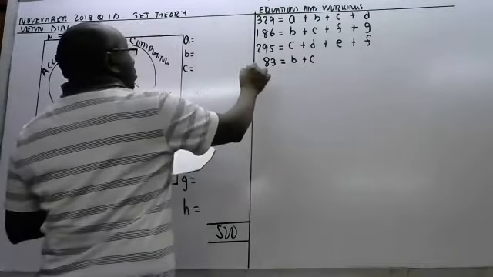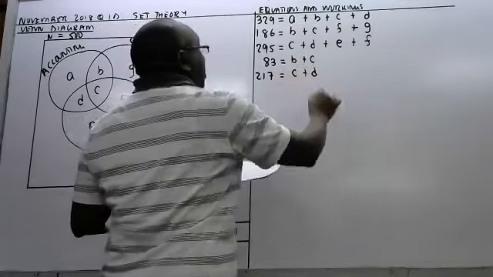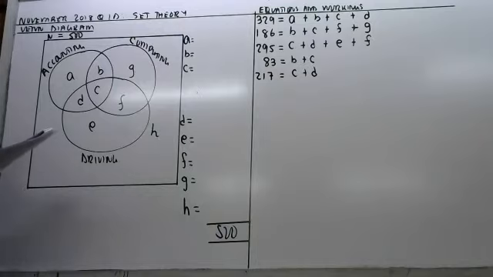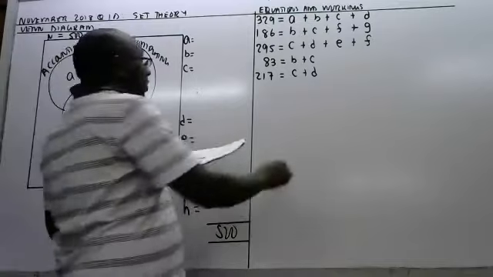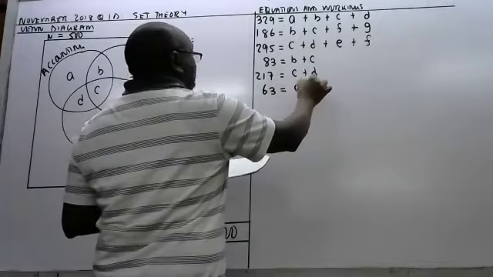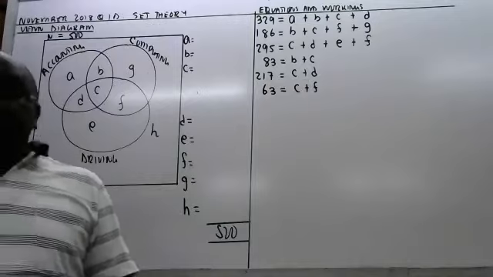We are told they are 217. So 217 is C plus D. Then we are told that 63 were taking both computing and driving. So those taking both computing and driving is CF, which is 63. So 63 is C plus F.